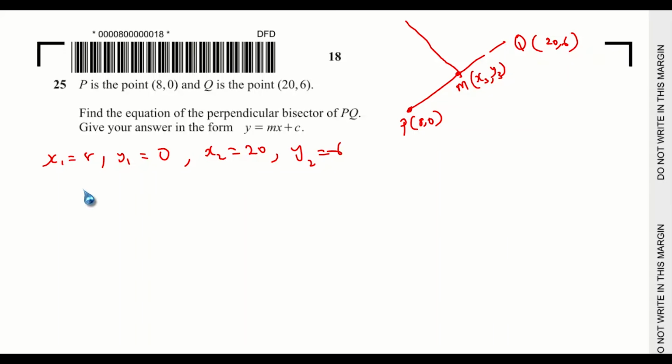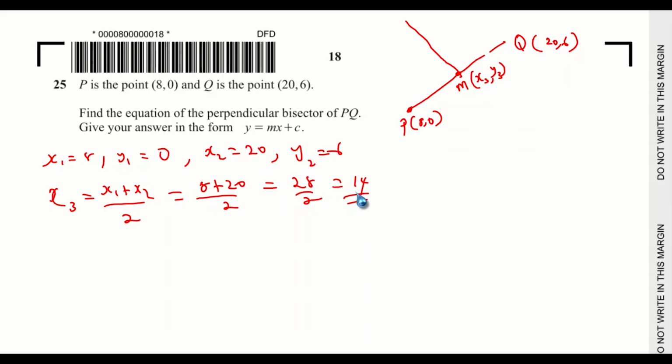So using this, x3 will be equal to x1 plus x2 over 2. So this equals 8 plus 20 over 2. This will be 28 over 2, which is 14. So x3 is equal to 14.